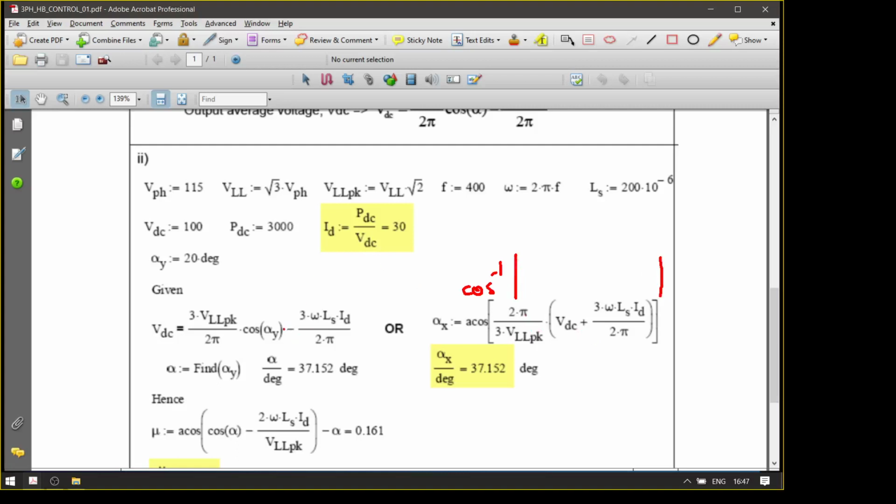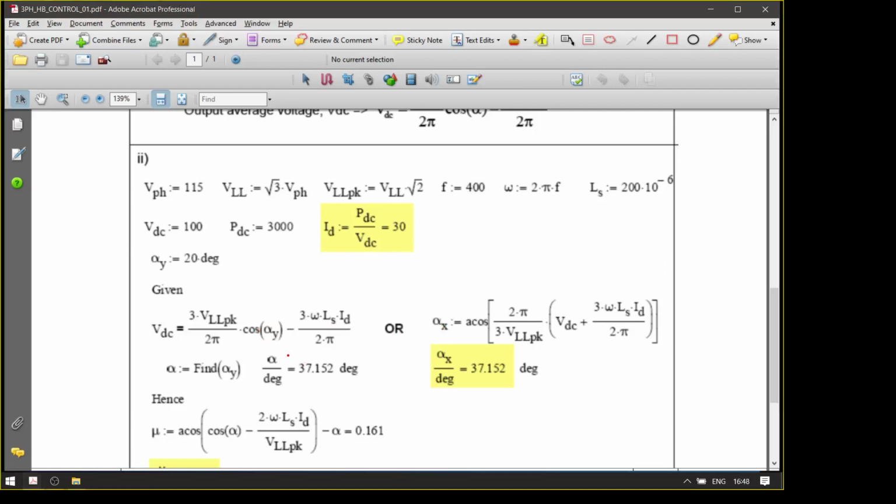So you have to reorganize and rearrange this equation so that you get alpha. Forget about y and x here, they are just to differentiate the two equations.